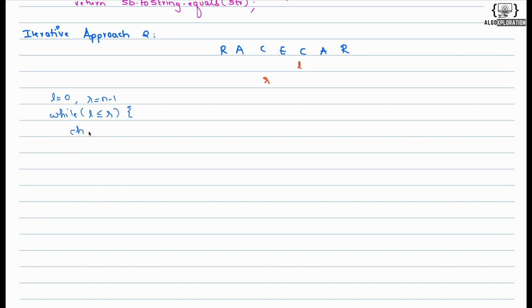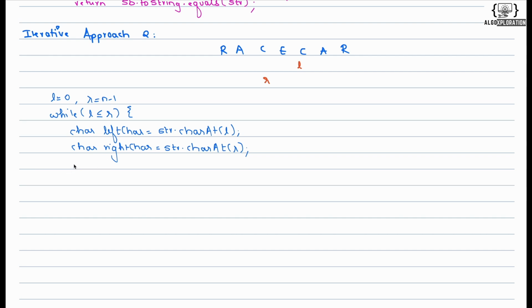So char leftChar equals str.charAt(L). Again, char rightChar equals str.charAt(R). So leftChar and rightChar hold the letters from both ends.